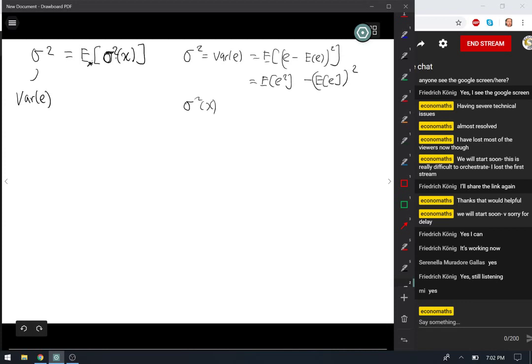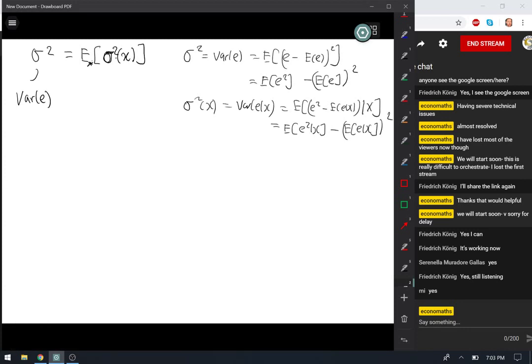Sigma squared x, the shorthand for the variance of e given x, is defined as the expectation of e squared, now taking the deviation from its conditional mean, conditional on x. If we expand all this out, it has the exact same form: E[e squared given x] minus (E[e given x]) squared.